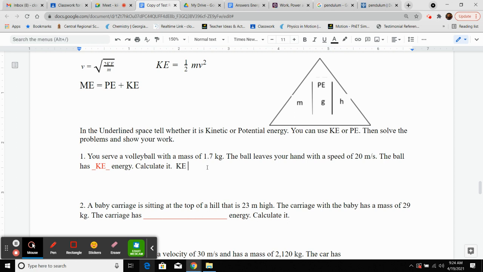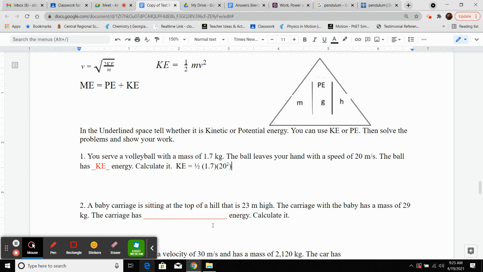So kinetic energy is equal to 1/2. What's the mass? 1.7 times, what was the velocity or speed? 20. And remember, only the velocity gets squared. And how do I do the square thing again?